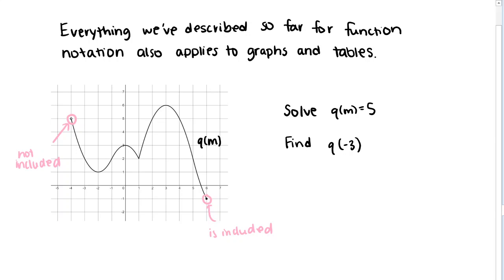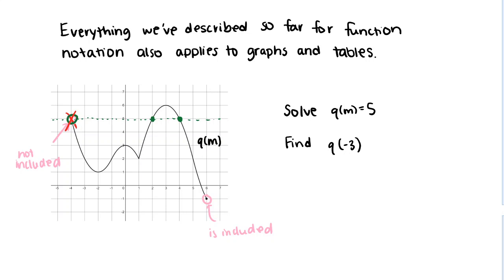What horizontal coordinate should we have to get that output of 5? You can see on our graph that there's one point here with an output of 5, there's one point here with an output of 5, and this point has an output of 5, but because it's not included on our graph, we're not going to pay attention to it.